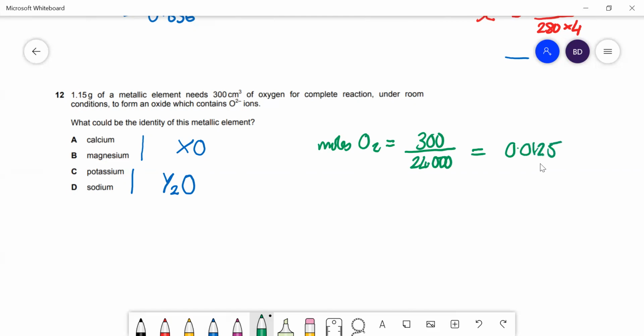Okay, now let's do it for calcium and magnesium, for X. For XO, the moles of X, well, that's for O2, isn't it? So moles of X is going to be double the moles of O2. So that's 2 times 0.0125, which is equal to 0.025.